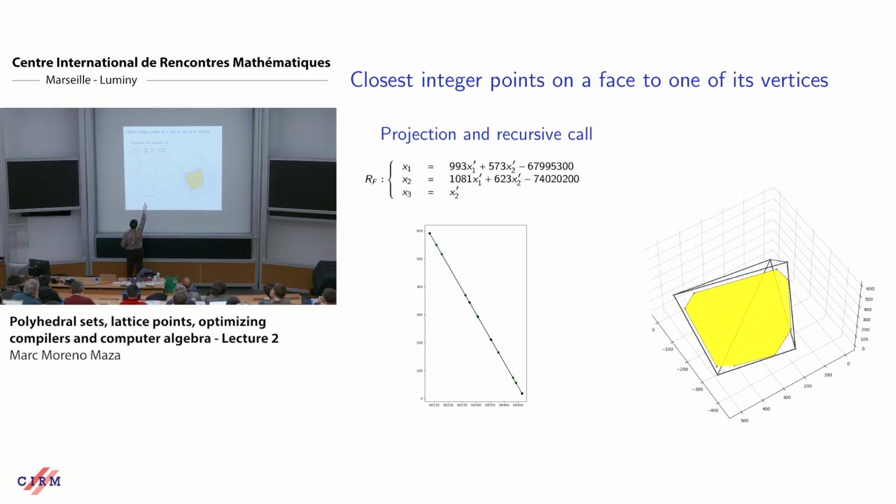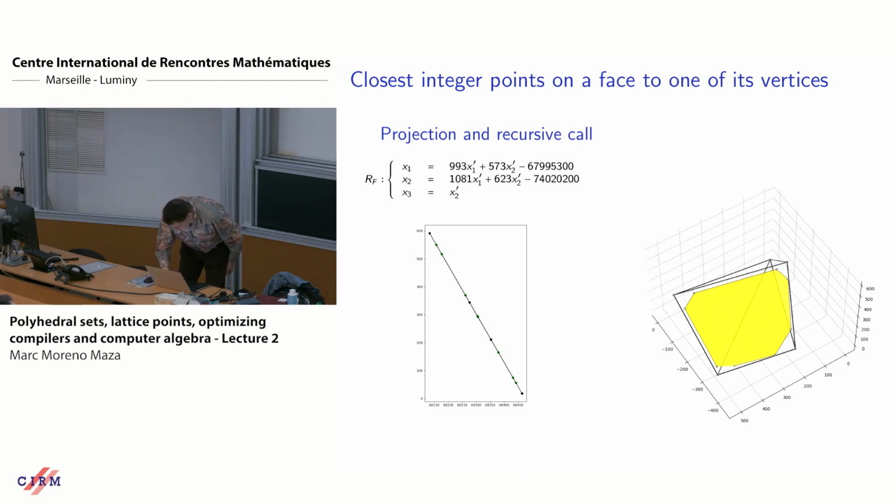As you can see here, it's almost flat. It is 2D, but it's so thin that I have the impression it is almost flat. And then we can see that indeed the vertices of that yellow region are close to the vertices of the original pyramid. And so this is how we can find points that are close enough to a given vertex of the pyramid, and then create that famous partition.